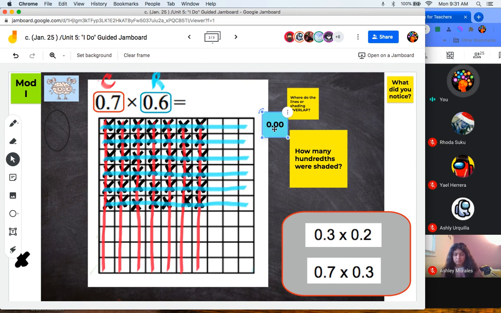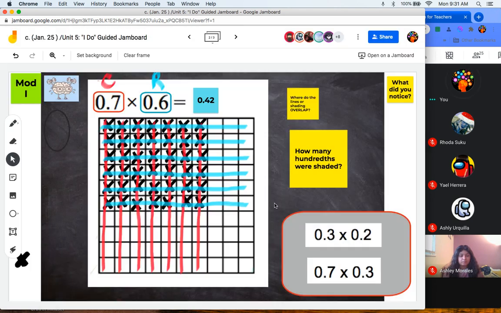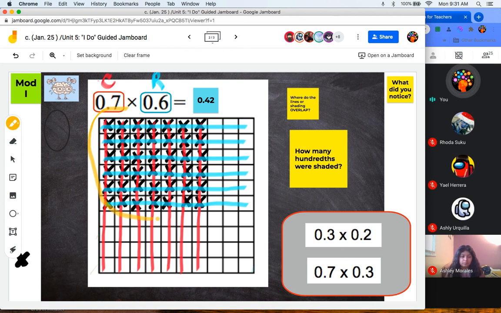So therefore, my product is 0 ones and 42 hundredths. Seven tenths times 6 tenths is equal to 42 hundredths because my model, use this yellow, overlaps 42 hundredths.